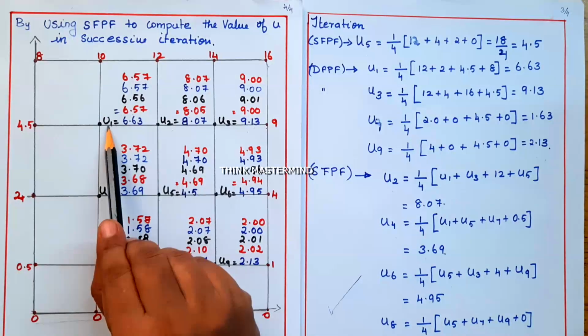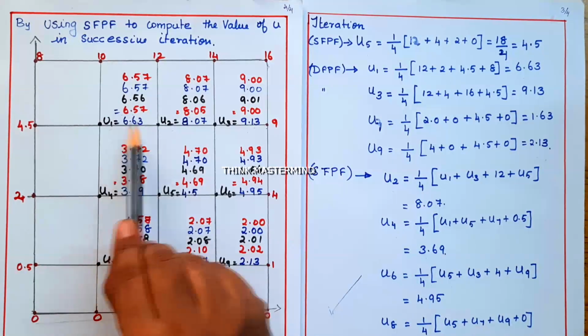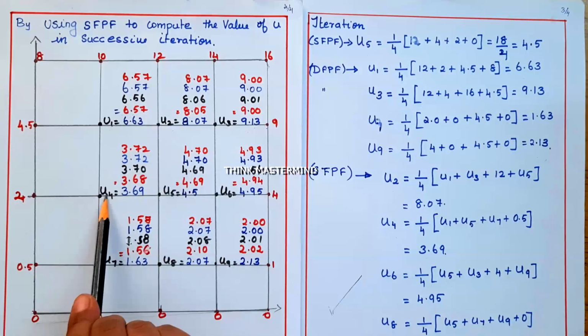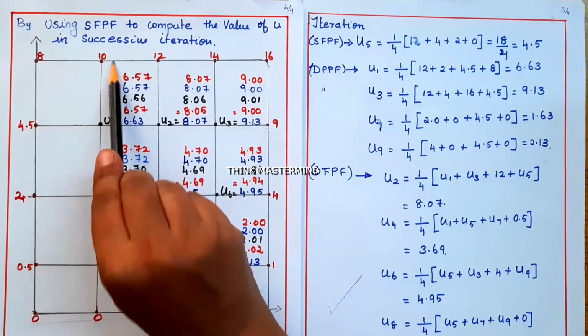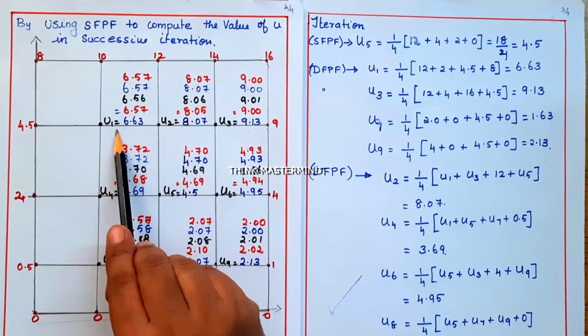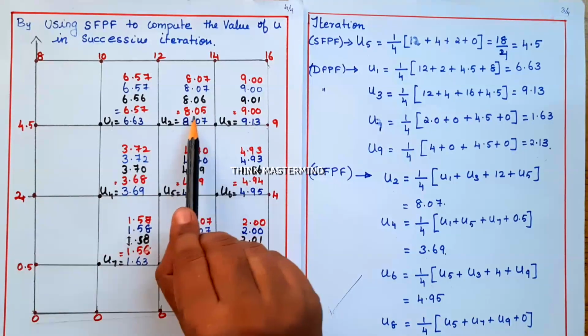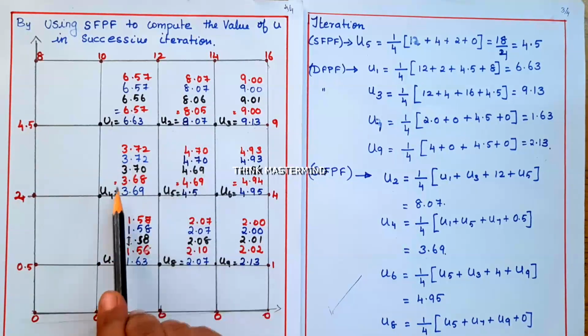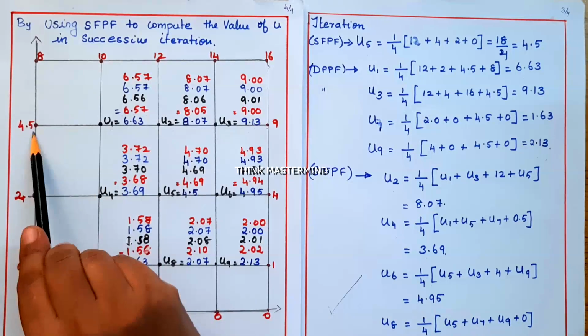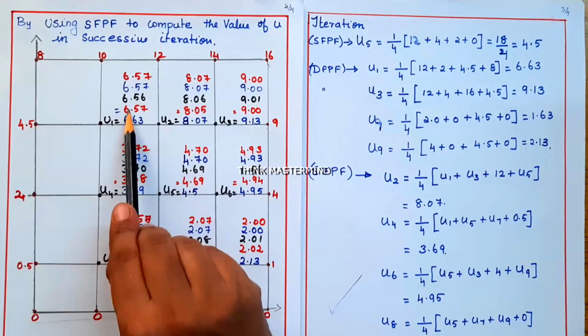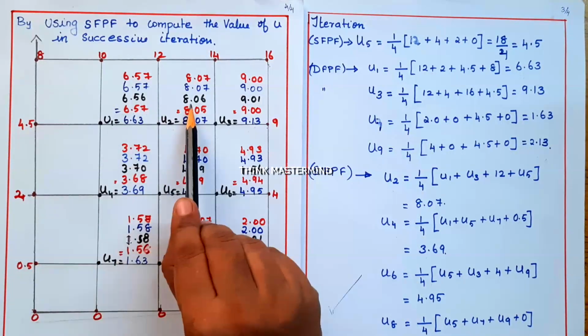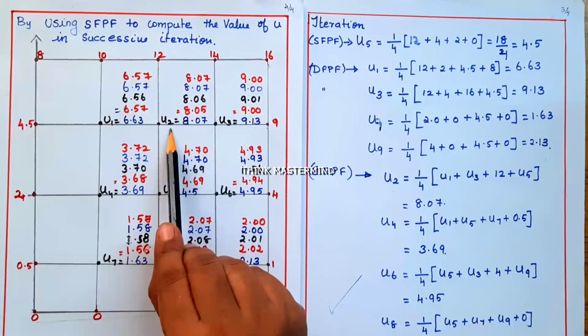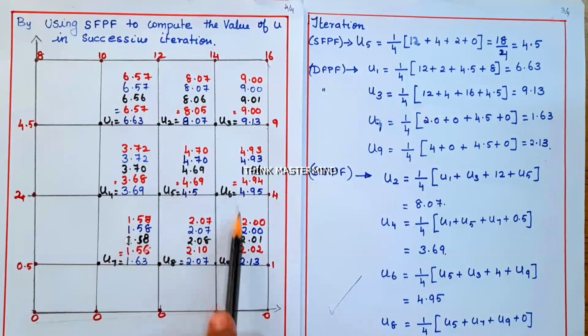Again we are going to find u1 using the latest values of u2, u4 and 4.5 plus 10. That is u1 is equal to 1 by 4 times of 8.05, 3.68 plus 4.5 plus 10, that is 6.56. It is the second iteration. Similarly we find u2, u3 and all the remaining values.